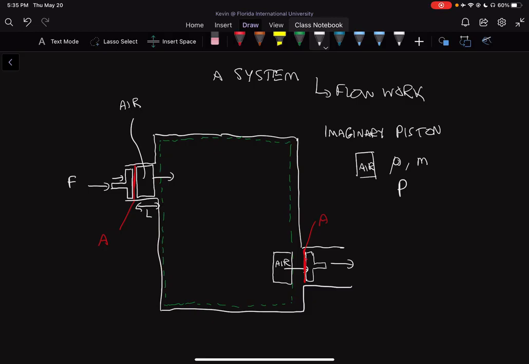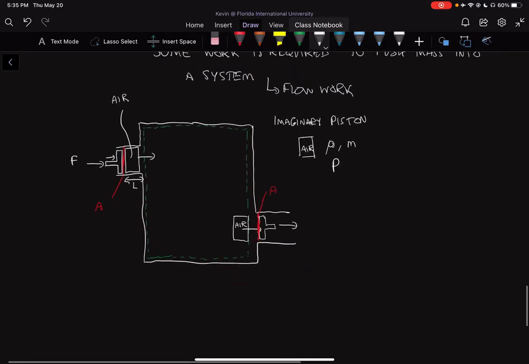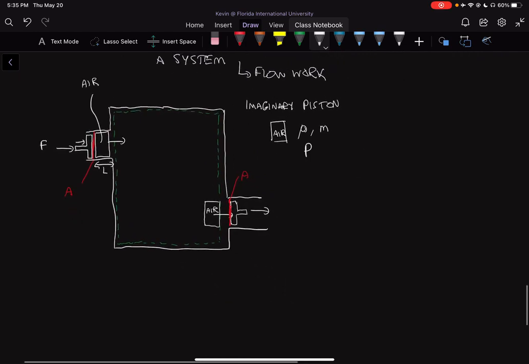Okay, so let's write down a little bit of a narrative for this system.